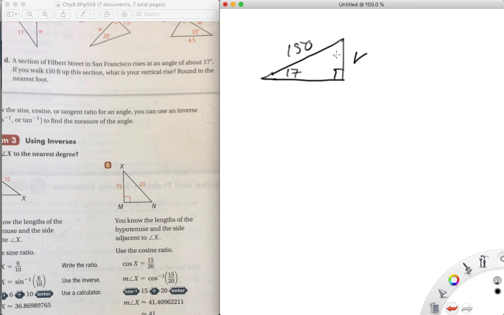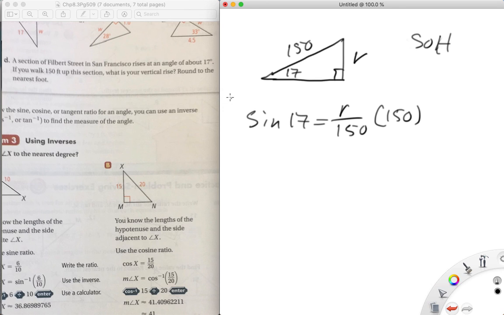Alright, I have a hypotenuse. This guy is opposite of the 17, so this looks like sine to me, or SOH. Opposite over hypotenuse. So sine of 17 equals opposite over hypotenuse. Multiply both sides by 150.